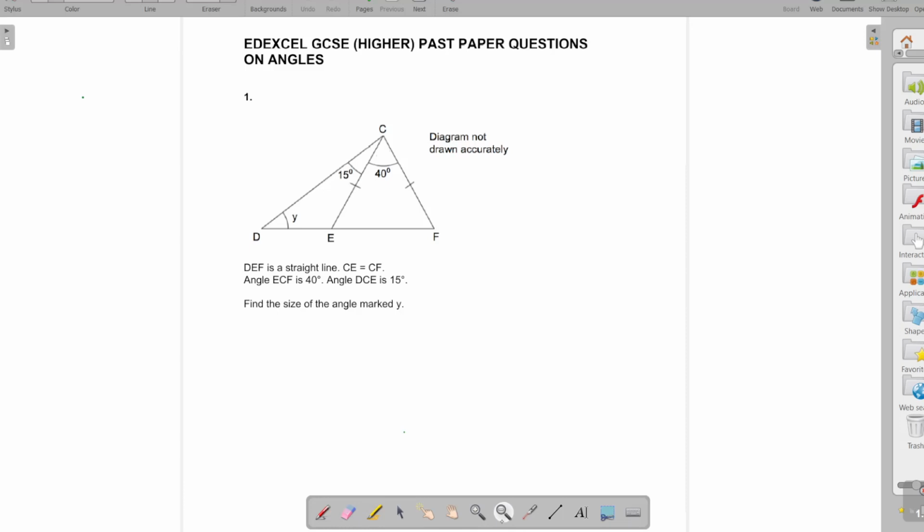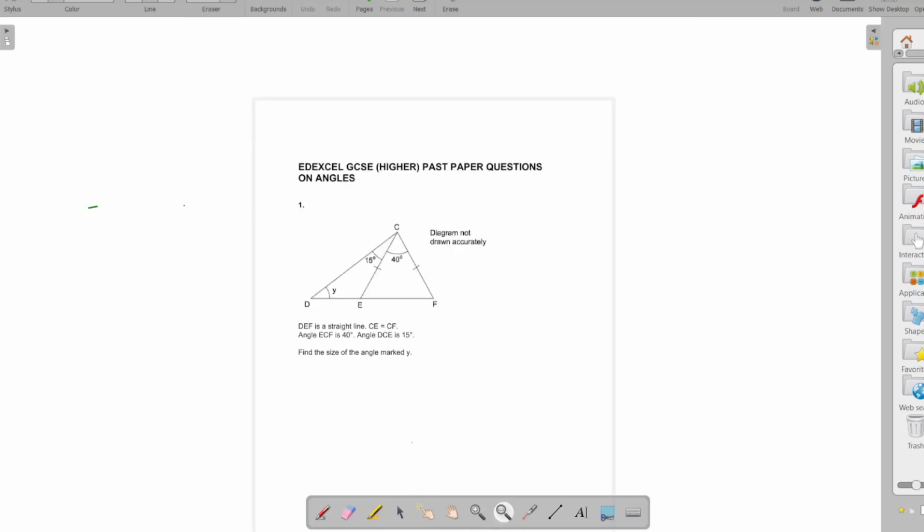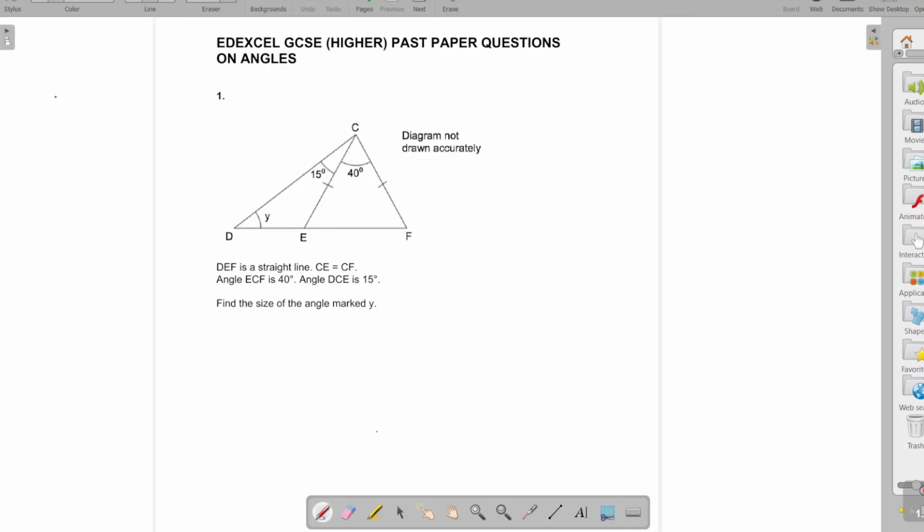So what we'll do is first to find this angle, we need to find this angle. If we know this angle, we can find that angle. So to find that, we need to find this angle. So this angle is equal to this angle because CEF is isosceles.